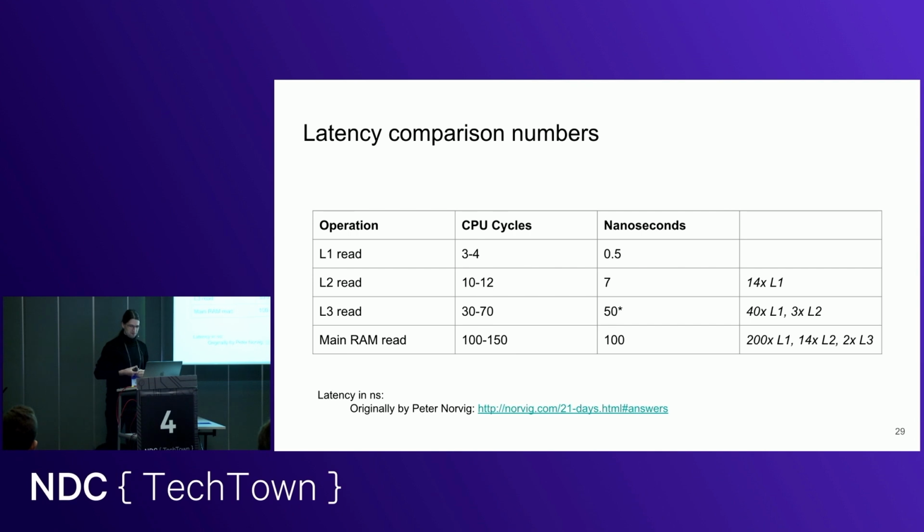The famous table, it's probably published in most of the talks. The original is here. You can go and review with some sort of things for L3 cache. I just put my approximate numbers here. But the point is, if we even compare reading from the slowest cache, like L3, which is approximately 2 times faster than RAM, we can read the numbers here.